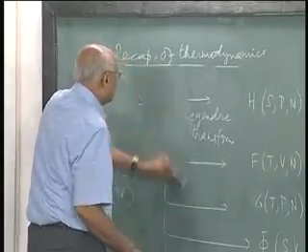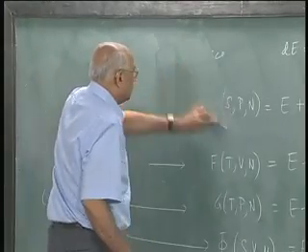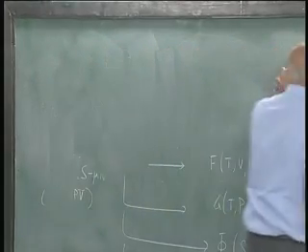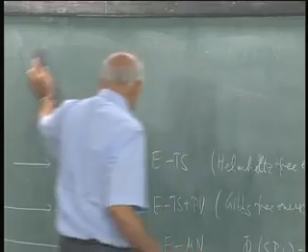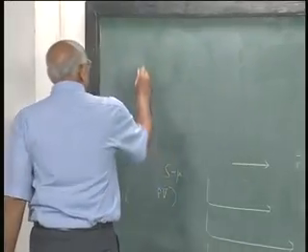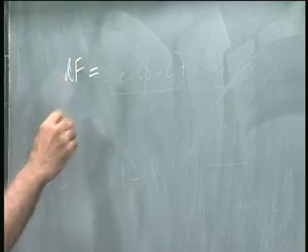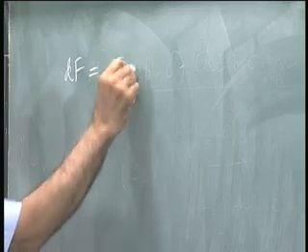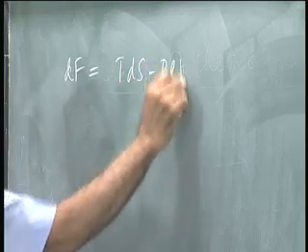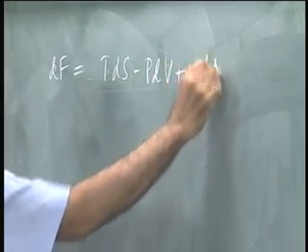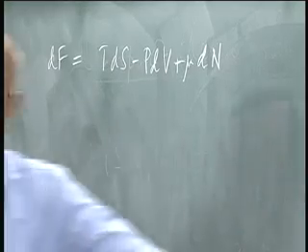But there is one more thing. Let us look at what the consequences of this would be. So F and G are the most useful in practice, so let us write what is dF. dF is equal to dE, that is TdS minus PdV plus mu dN, that is dE, minus TdS minus S dT.